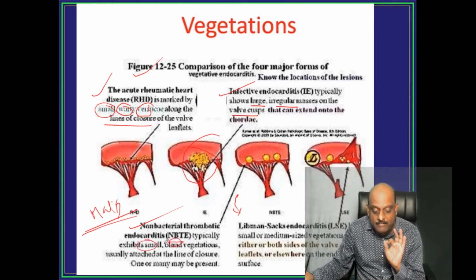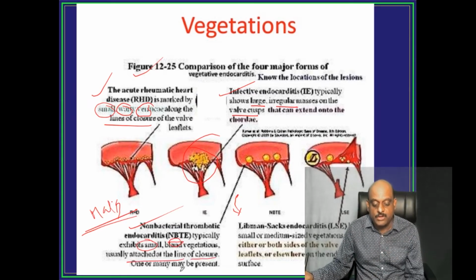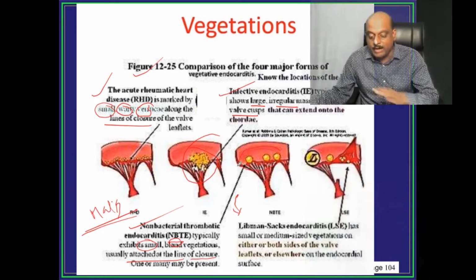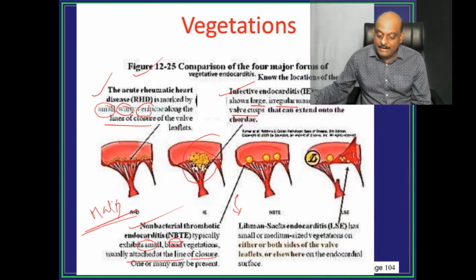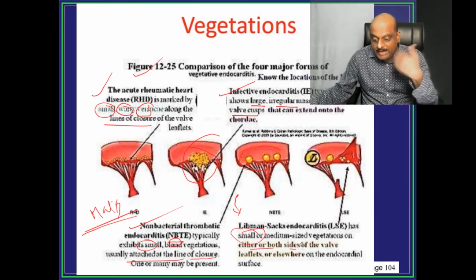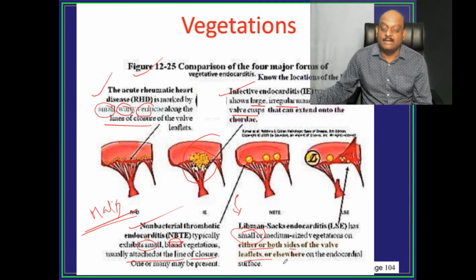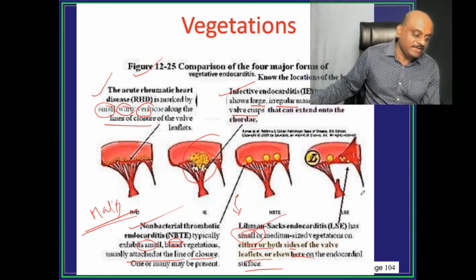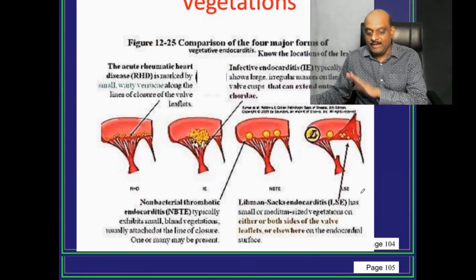Small bland vegetations typically attached to the lines of closure, one or many, that is non-bacterial thrombotic endocarditis. Then small to medium on either or both sides of the valve leaflets, or on the endocardial surface. That is Libman-Sacks endocarditis. So you have to be very sure about it.